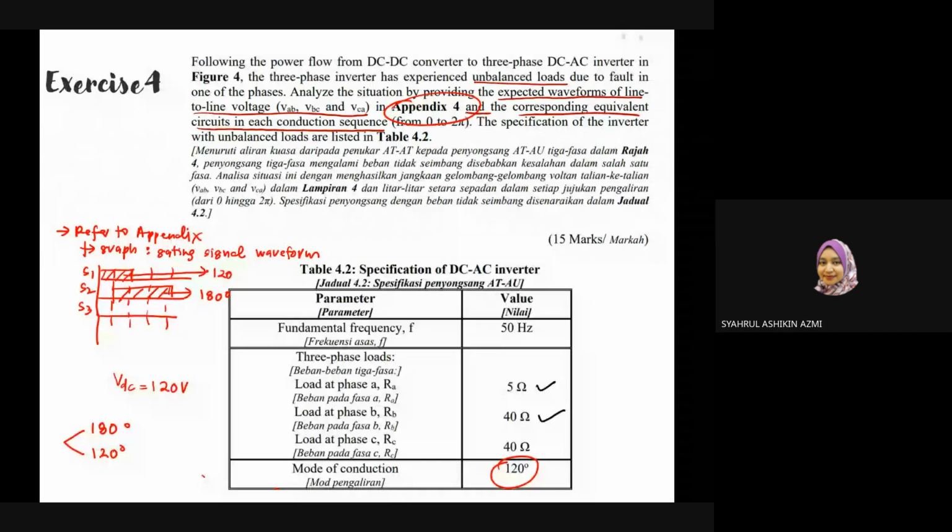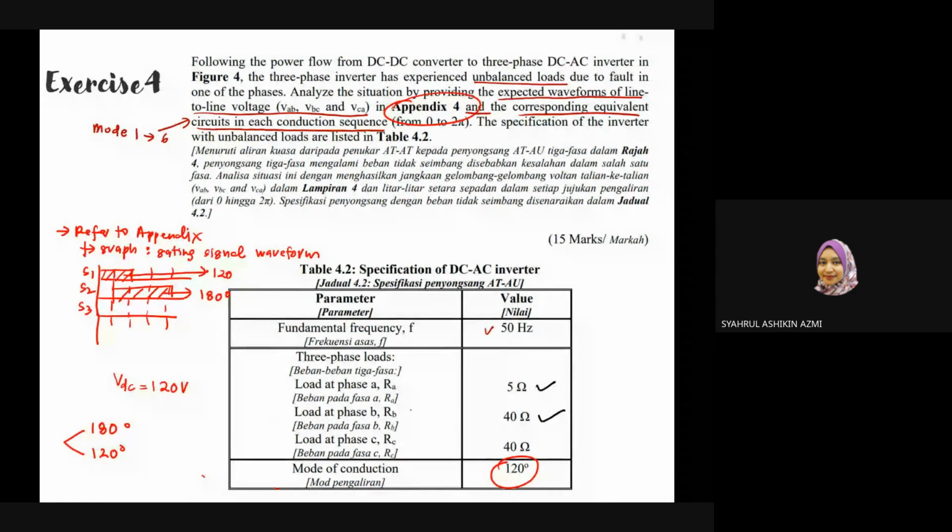Okay, so from mode 1, this will represent all the analysis from mode 1 to mode 6. All right. Okay. So the specification of the inverter is given in table 4.2. So this is table 4.2 where we have the fundamental frequency of 50 Hertz, this one here.